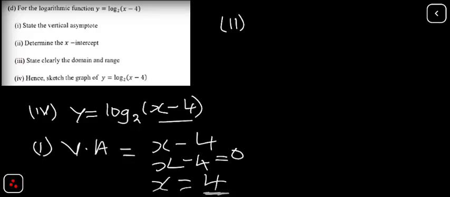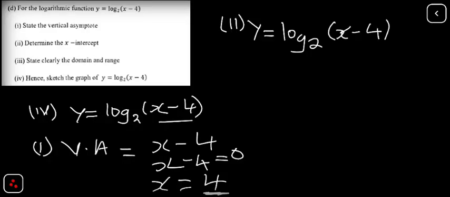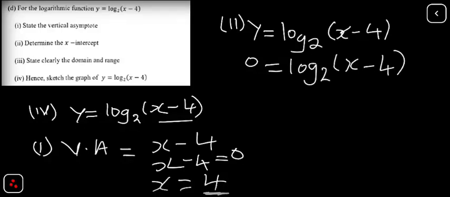Since we have the equation y is equal to log base 2 of x minus 4, and we know that along the x-axis, y is equal to 0, since we are finding the value of x, you're going to put a 0 where there is y. So it will be 0 equals log base 2 of x minus 4.